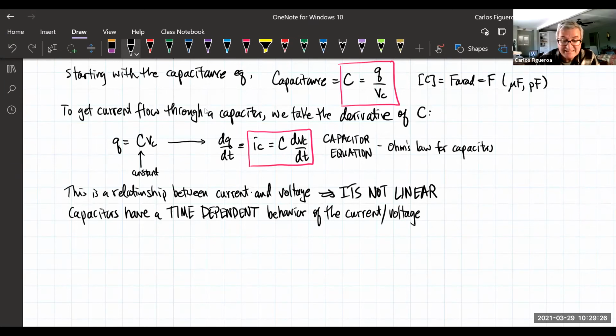It has that time dependence here. So if you were to actually look at this, let's try to interpret this. So let's do the interpretation here.